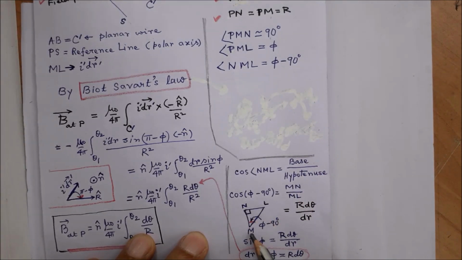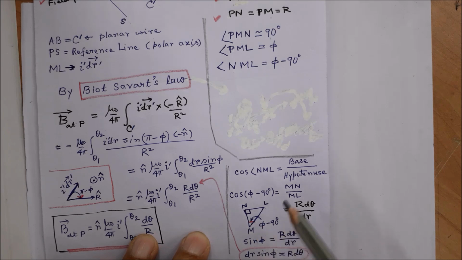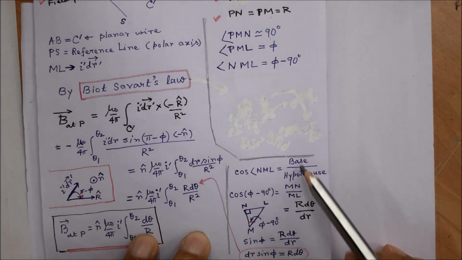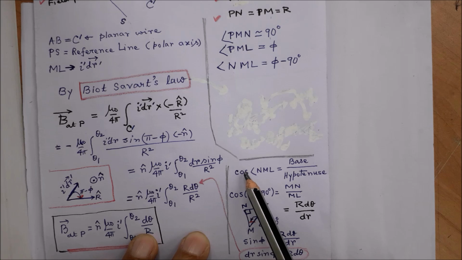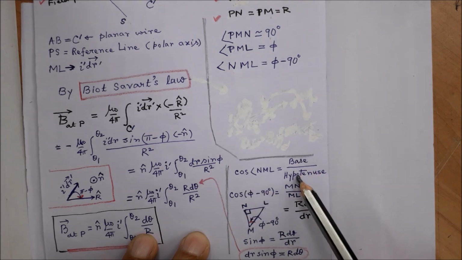Now we can study this triangle and find the value of cos of this angle. So cos of NML, or in other words cos of phi minus 90 degrees, is, now what is cos? Cos is base by hypotenuse. If this is the angle under consideration, then this is the base, this is the perpendicular, this is the hypotenuse. So being a cos, here we have base by hypotenuse, so instead of base we will write MN, and the hypotenuse is obviously ML.